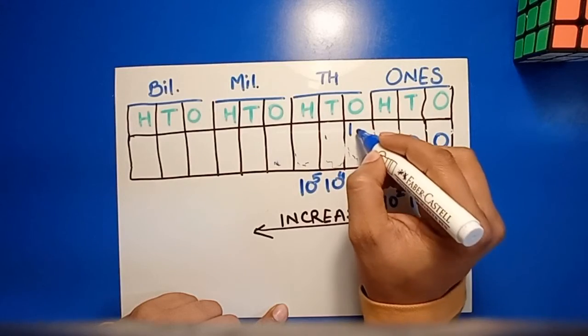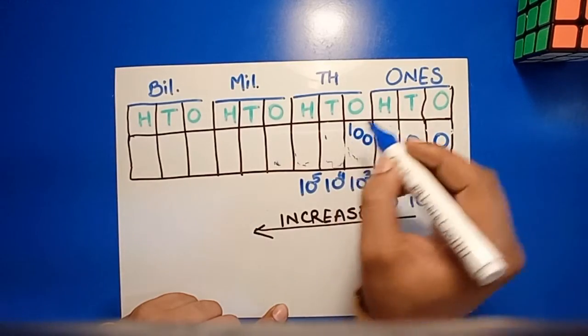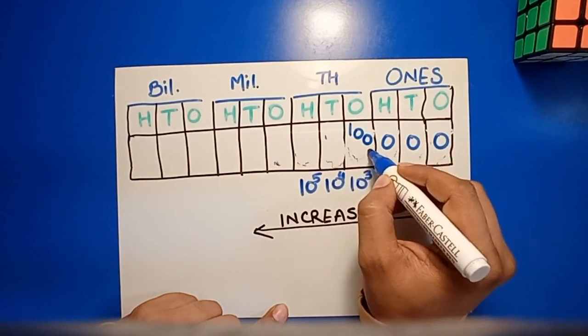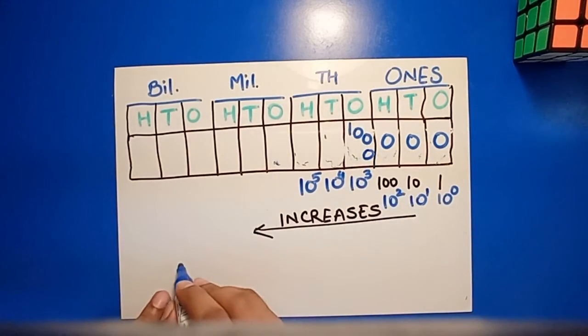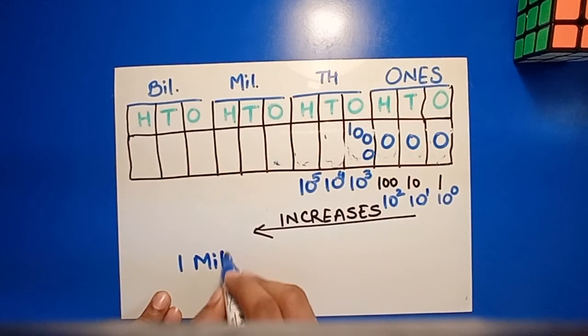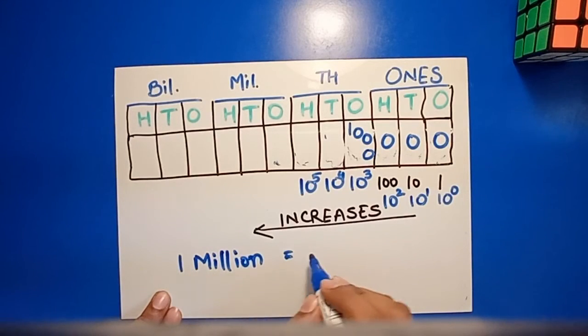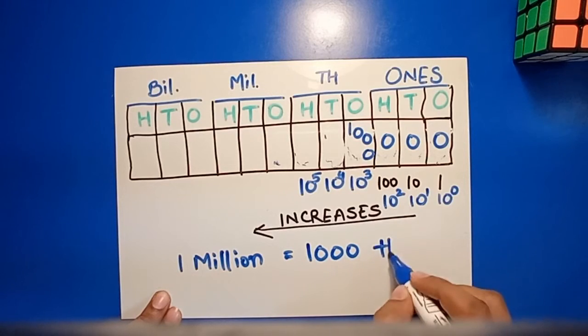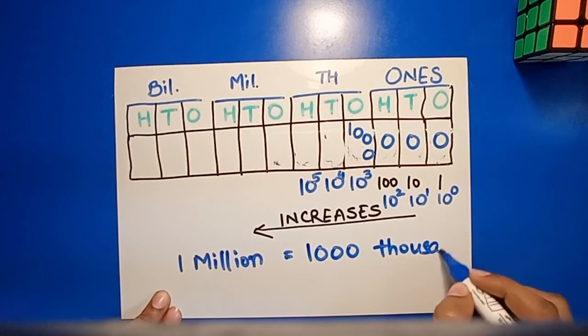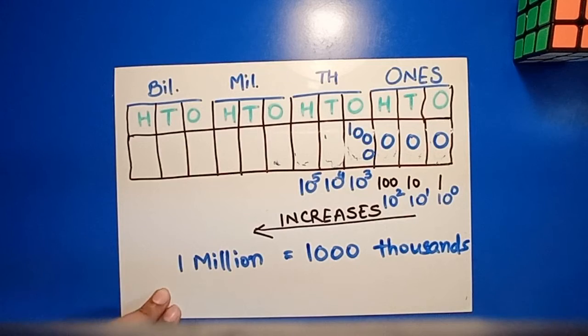So 100 from left, and there was already a 0 here. So it becomes 1000. So what if somebody says what is 1 million? We can also say 1 million is equal to 1000 thousands. So it's a trick question. It can come in exams that what is 1000 thousands? So the answer would be 1 million.